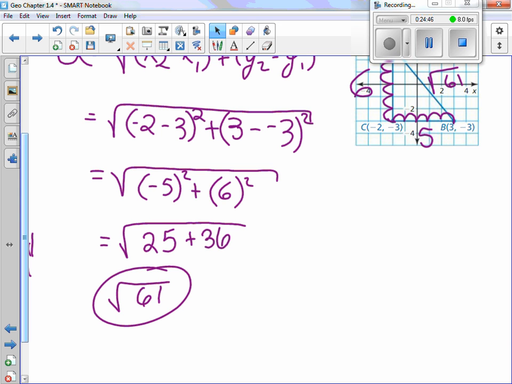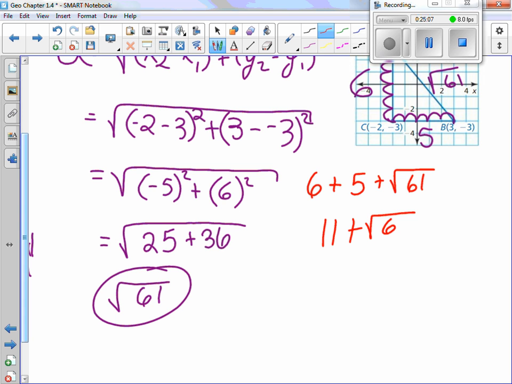Now, again, perimeter is adding all the sides together. So what are our side lengths? 6, 5, and the square root of 61, yes? What are our like terms? Because there's 2 of them. What is 6 plus 5? Can I combine 11 and the square root of 61?